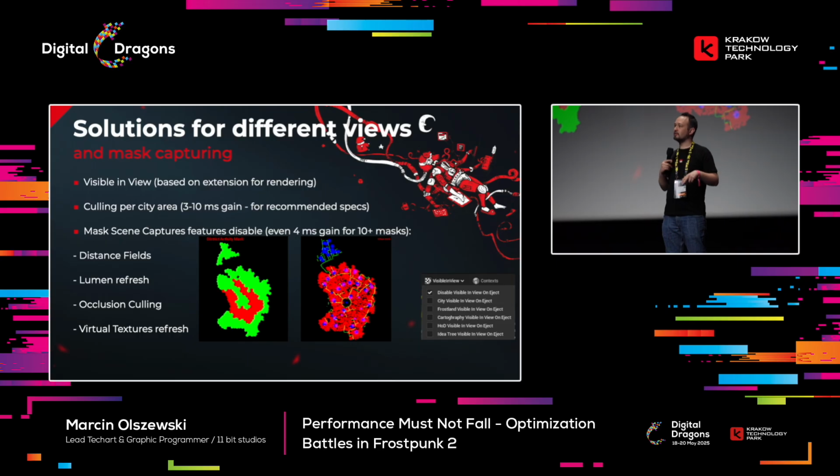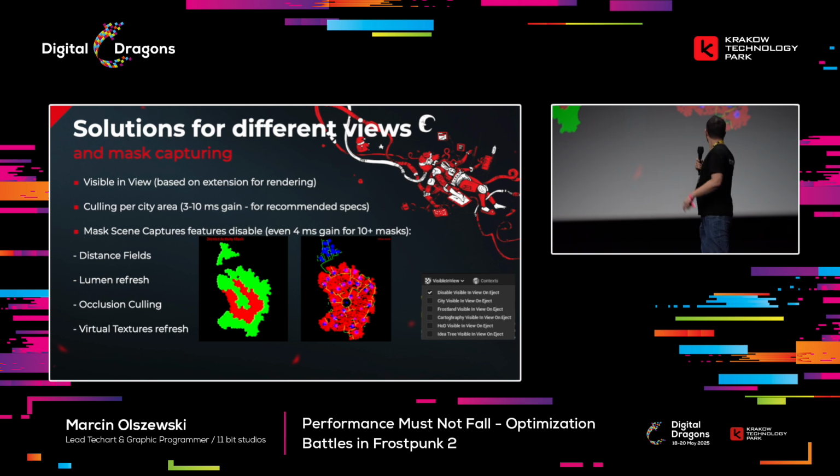Even if you disable the lighting, even if you disable all the features and leave only linear rendering there, it's still problematic. So it's worth looking at those features and trying to disable them.